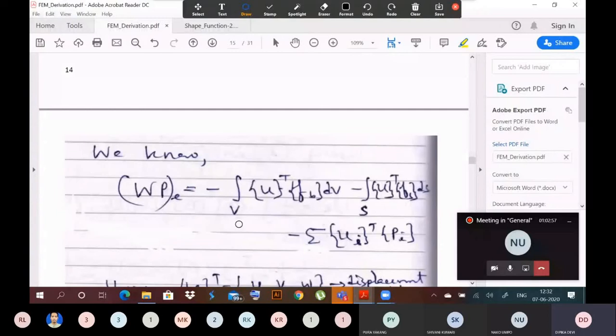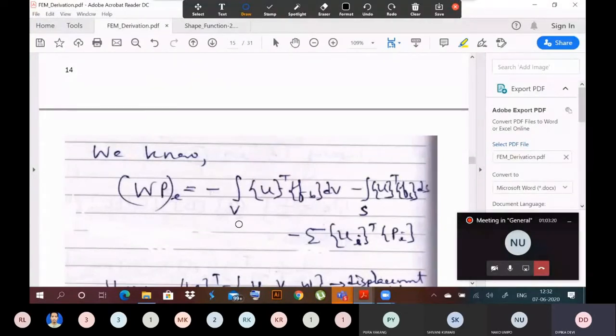If we need to analyze something, for example a bar, and the bar is subjected to some point loads, then wherever there is a point load at a particular point, we have to put a node, that I already told you. So therefore, the point load will always act at the nodes. When you find out the work potential for the point load in this term, this point load will always act at the nodes of the element.